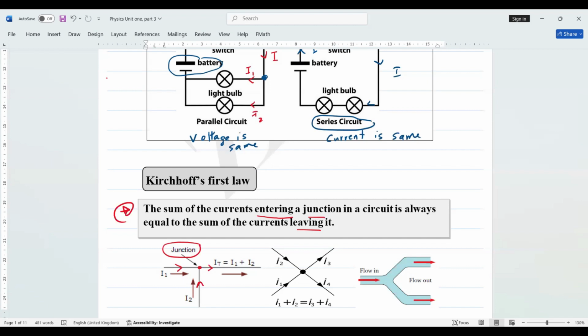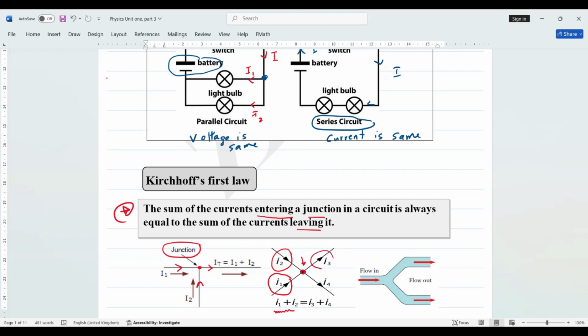Another example. You can see this is a junction. This point is called the junction. It is the point of connection of wires. The current in is I1. The current in also is I2. So we can say I1 plus I2.